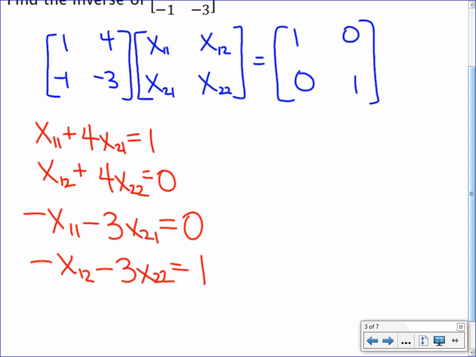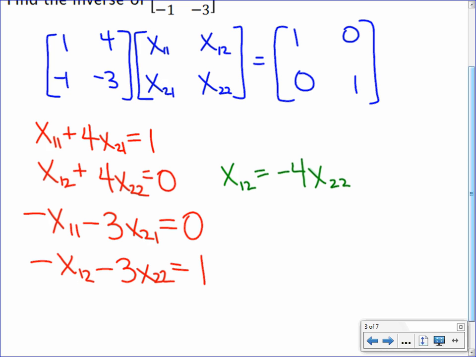So could we use those maybe with substitution to help us? x sub 1,2 is going to equal negative 4 x sub 2,2. How can we use that to help us? Plug it into this one.